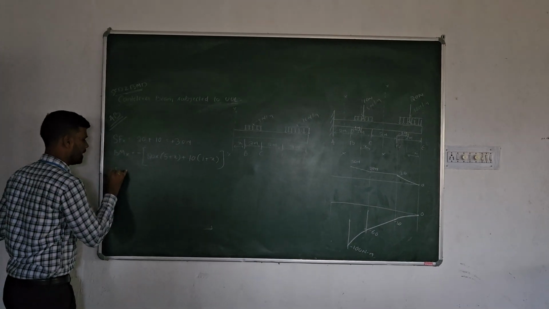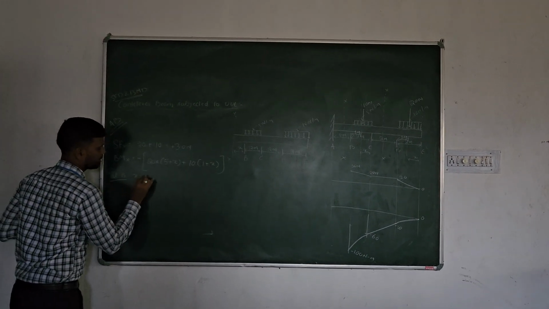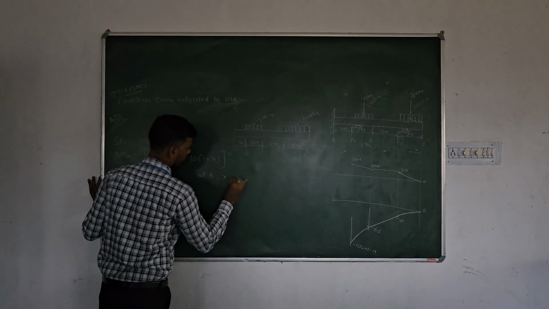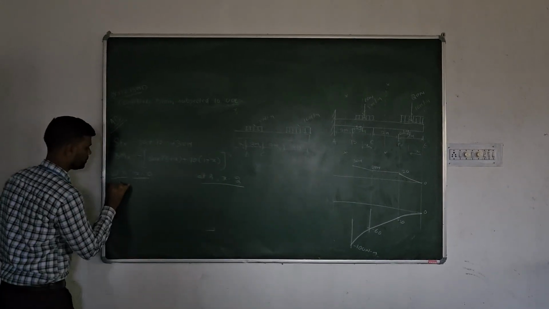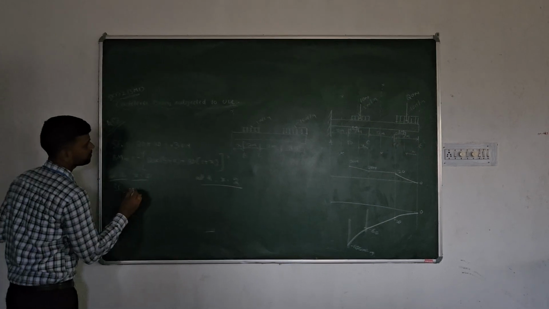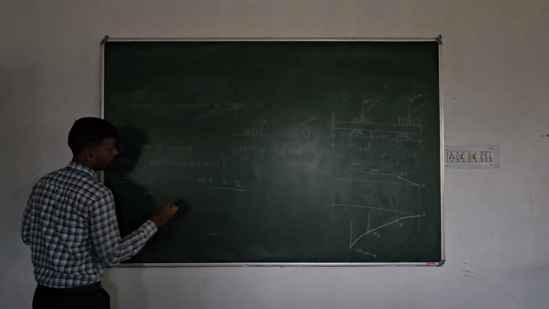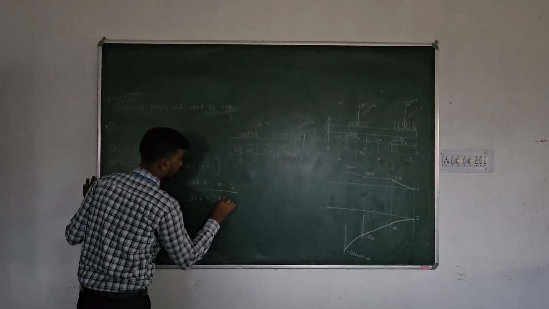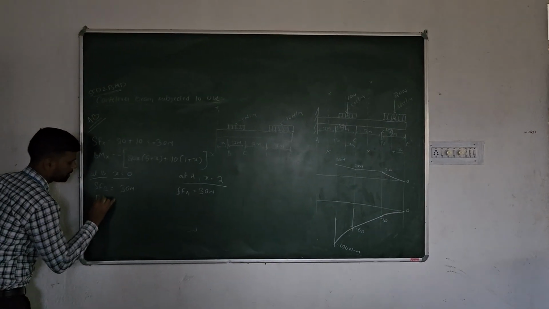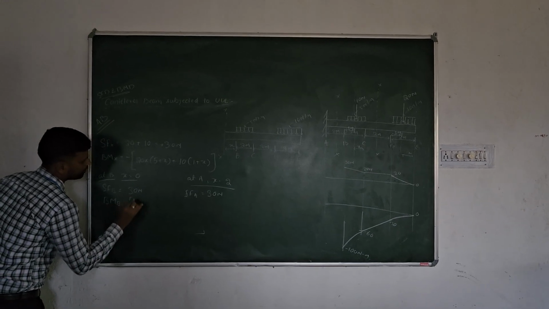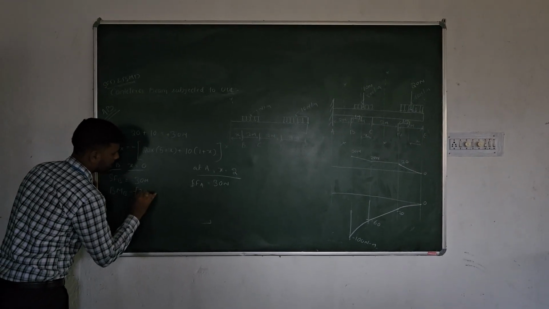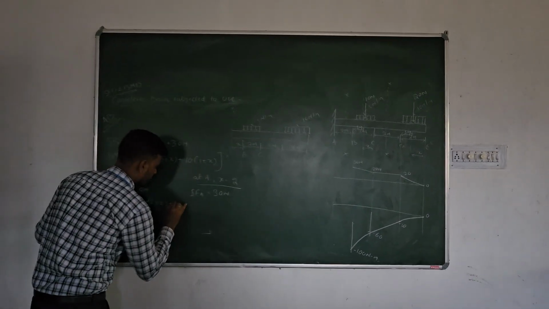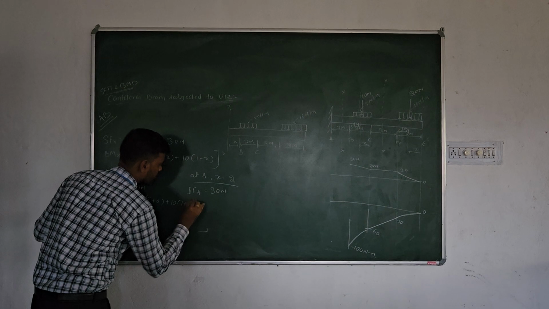So now at B x is equal to 0, at A x is equal to 2. So SF at B is equal to 30 Newton, and SF at A is equal to 30 Newton. Bending moment at B is equal to minus 20 into 5 plus 0 plus 10 into 1 plus 0.